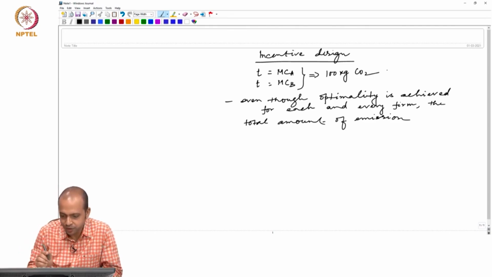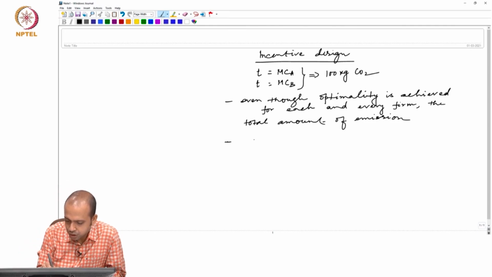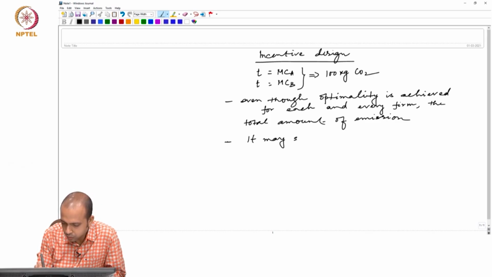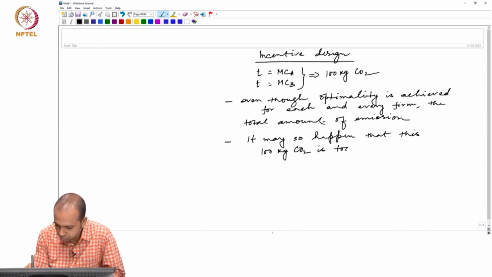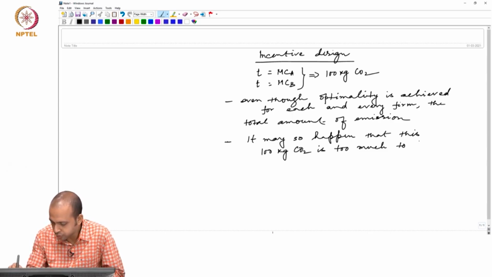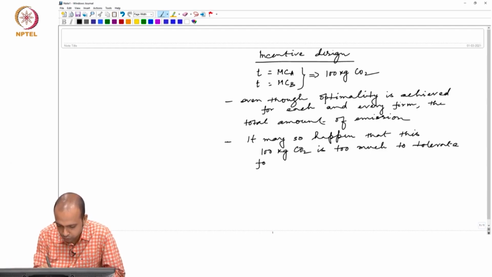Now, it may so happen that this 100 kg of CO2 is too much to tolerate for the society.